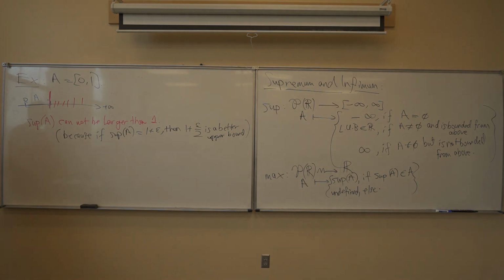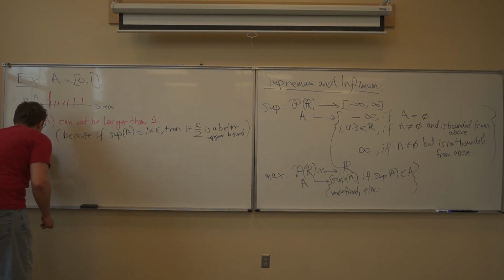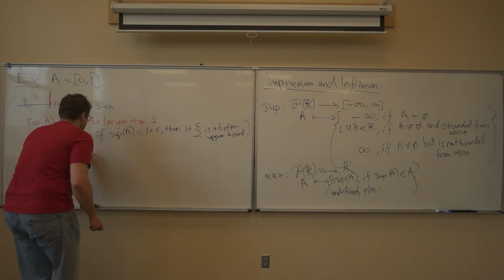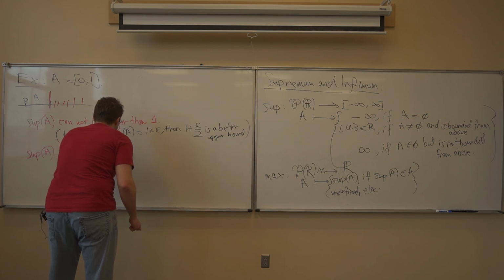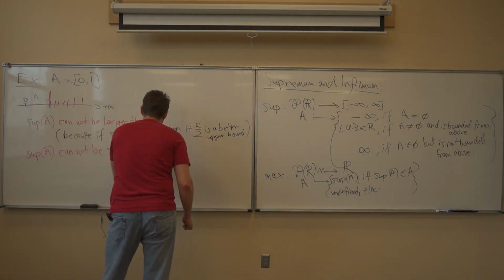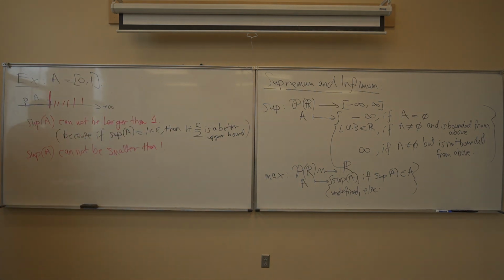But I need something more. I also want to say that sup of A cannot be smaller than 1. Okay? This is slightly more complicated to see. Any guesses as to how I can argue that this is the case?